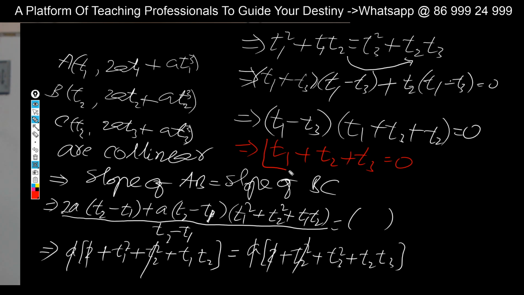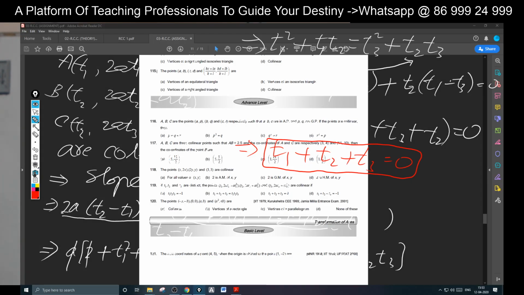So the final answer, if you check, is t1 plus t2 plus t3 is equal to 0. I hope you understand that. Let us recheck it.